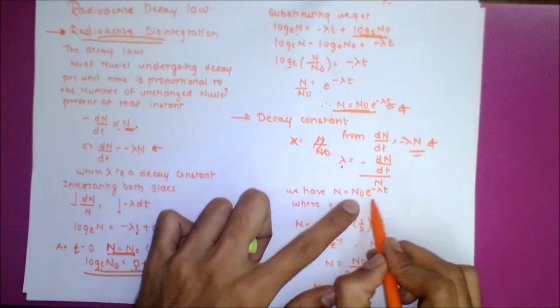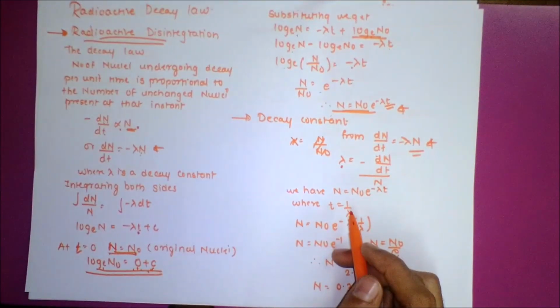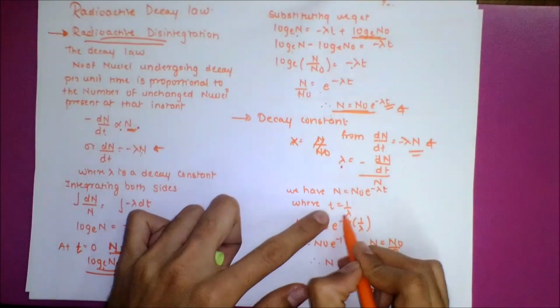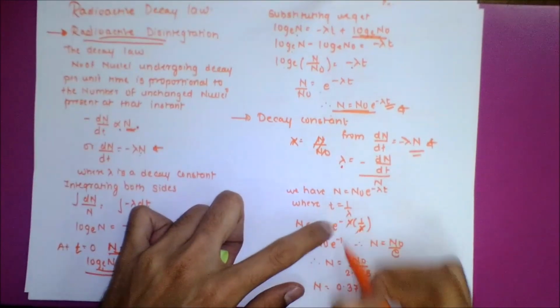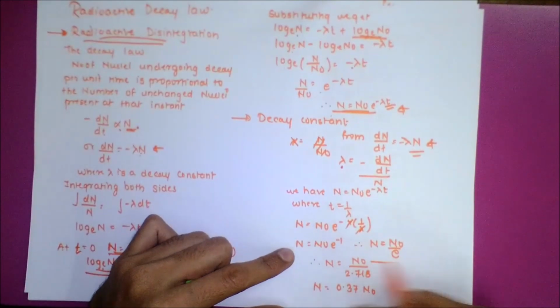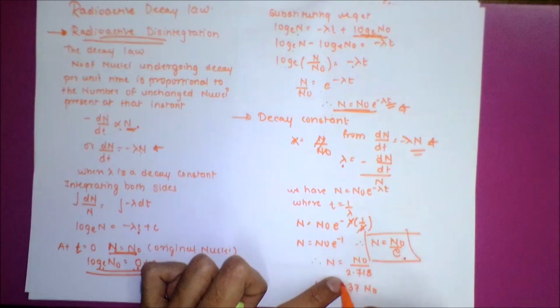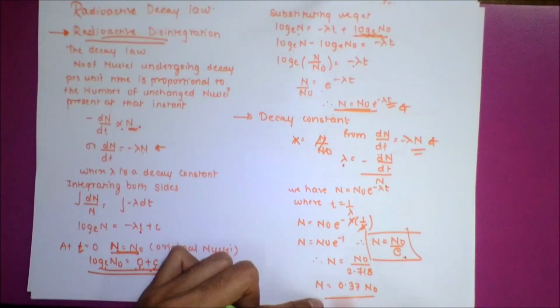So N equals N0 e raised to minus lambda t, where we take t equal to 1 upon lambda. Substituting t as 1 upon lambda, lambda gets cancelled, so we are left with N equals N0 upon e. We know the value of e is 2.718, so we have N equals 0.37 N0.